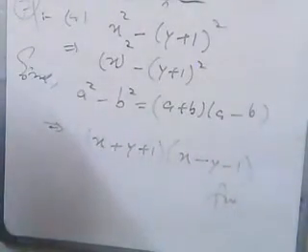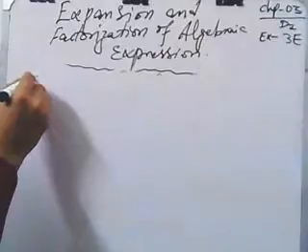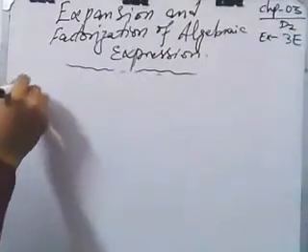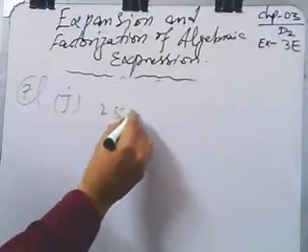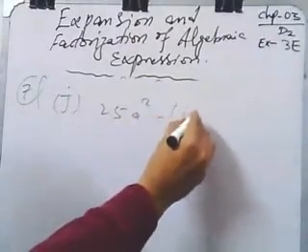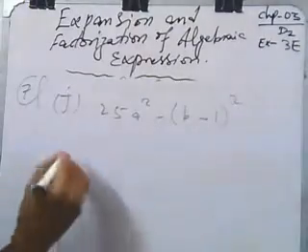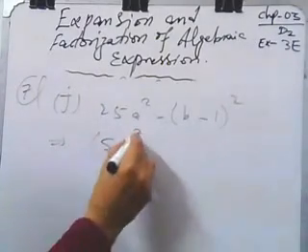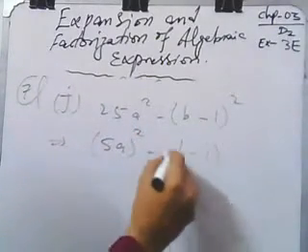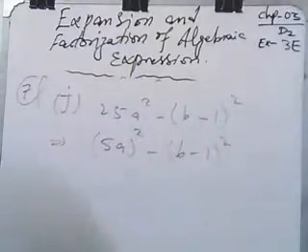Now similarly, if you see the other part, that is the j part, 25 a square minus b minus 1 whole square. So again make the perfect square. 5 5s are 25, and it is already been made and given to you.